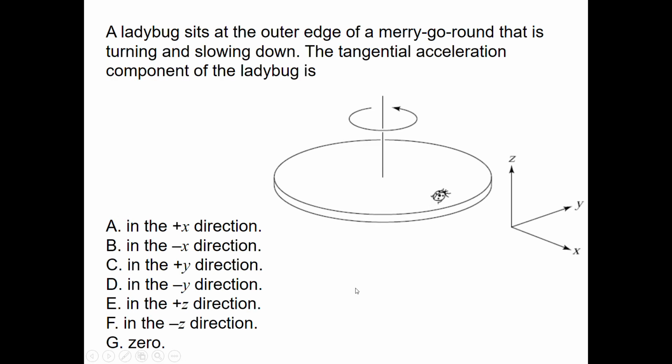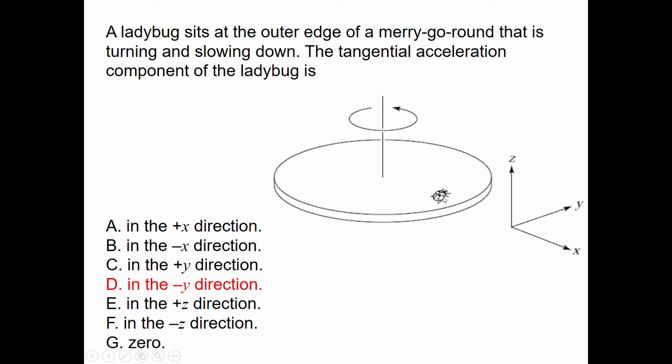Okay? Similar question. The tangential acceleration of the ladybug is, and we've got to read this again carefully, it's turning in the direction shown, but slowing down. And in this case, if it's slowing down, the correct answer is its tangential acceleration is in the minus y direction. In other words, back behind the ladybug at this instant, because if the tangential acceleration is in the same direction it's going, that means the ladybug's speeding up as time goes on.